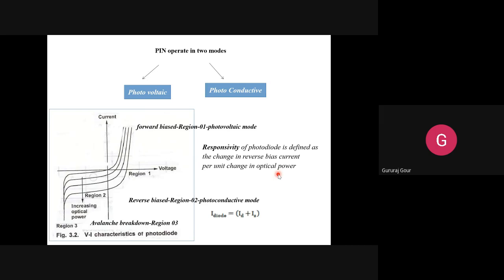So responsivity is the change in the reverse bias current to the unit change in the optical power, because the responsivity goes on increasing from forward to reverse and then to the breakdown region. Why? Because we are widening the intrinsic region so that its absorption capacity for the photons will go on increasing.